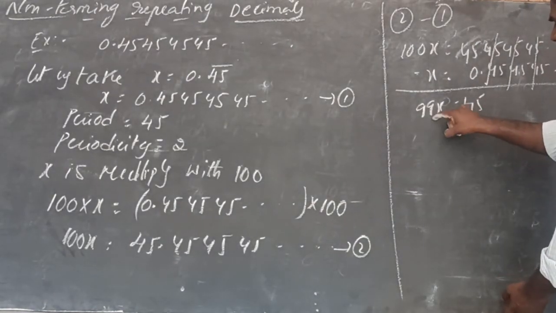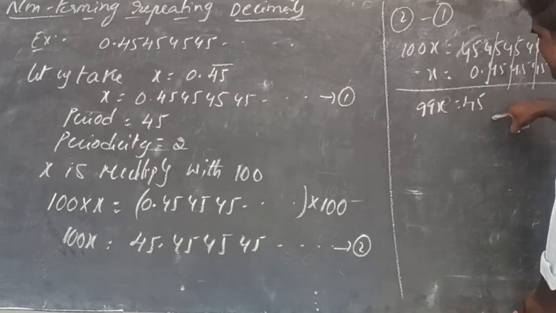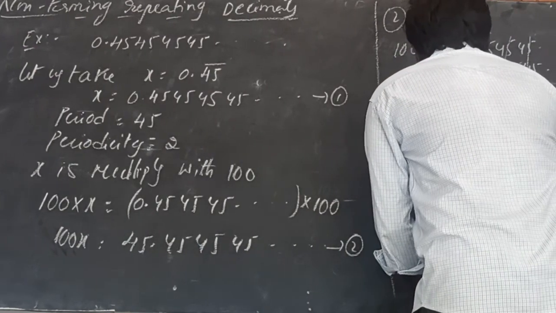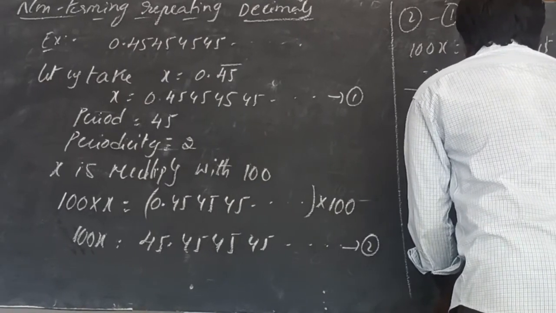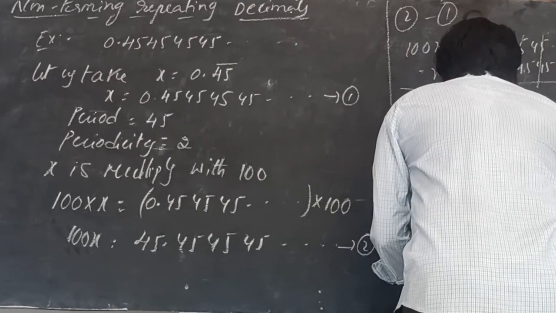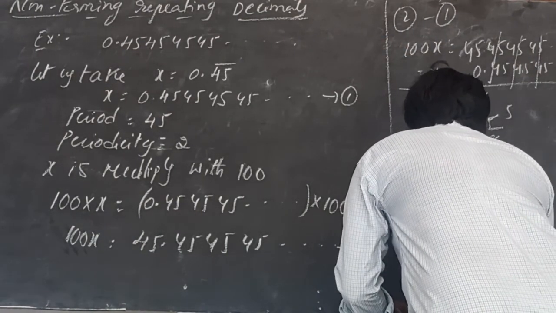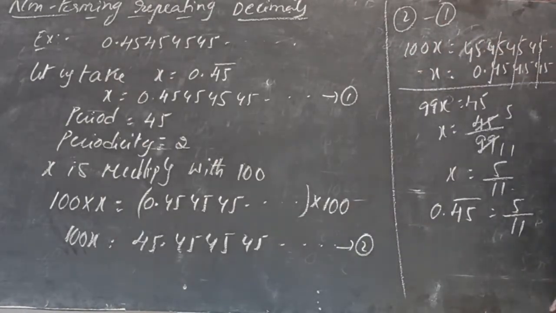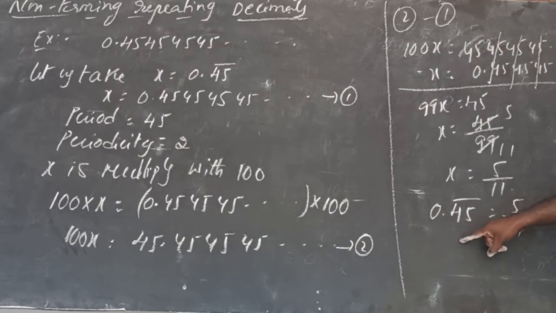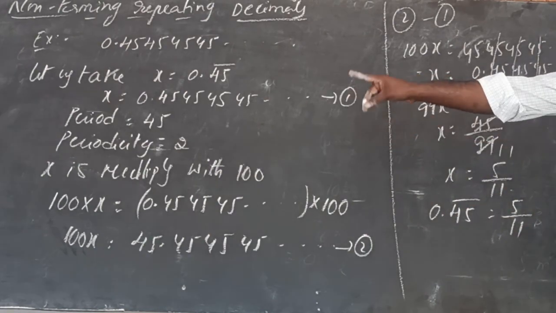The 99 multiplying x is going to divide, so x is equal to 45 by 99. Simplifying, x is equal to 5 by 11. So 0.45 bar is equal to 5 by 11. So non-terminating repeating decimals can be written in p by q form by using period and periodicity.